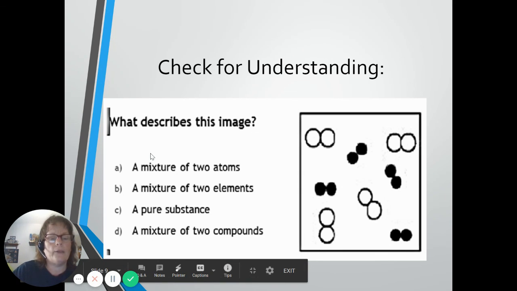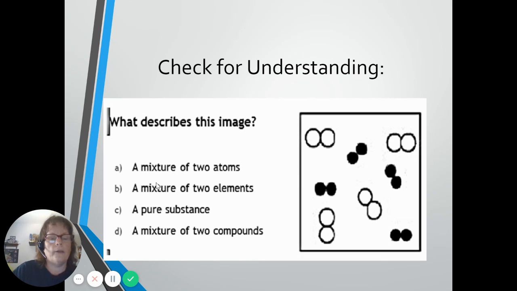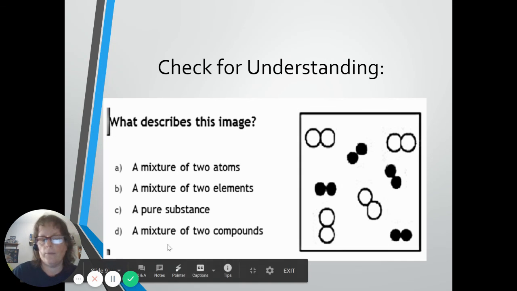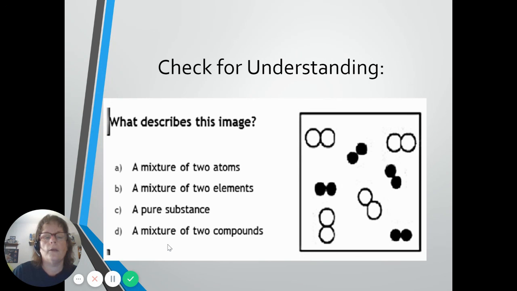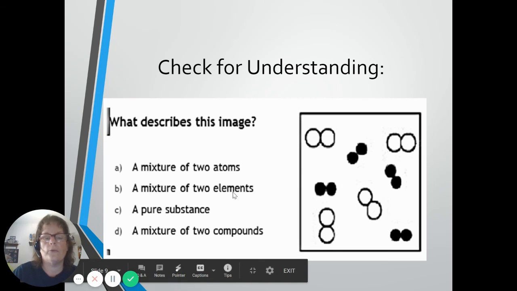But is it a mixture of 2 atoms? Is it a mixture of 2 elements? Is it a pure substance, or is it a mixture of 2 compounds? What do you think? In this case, we're looking at a mixture of two elements.